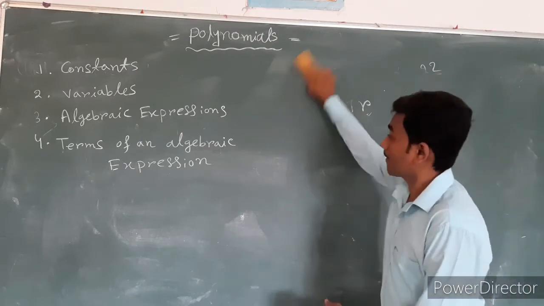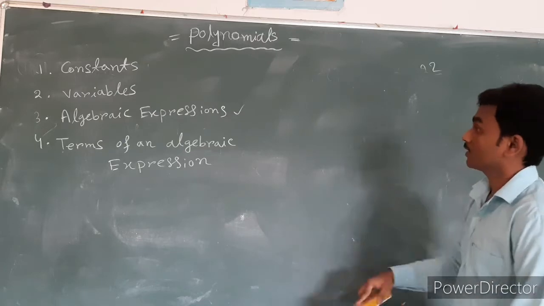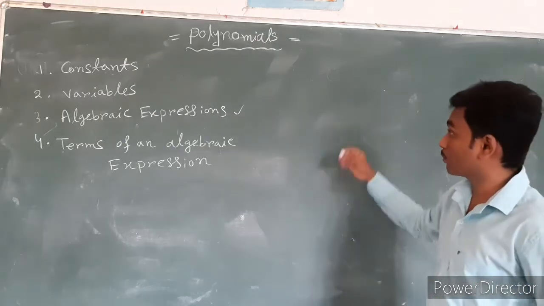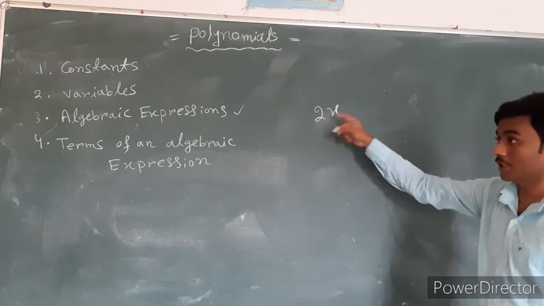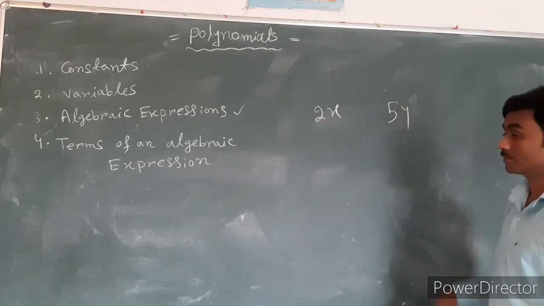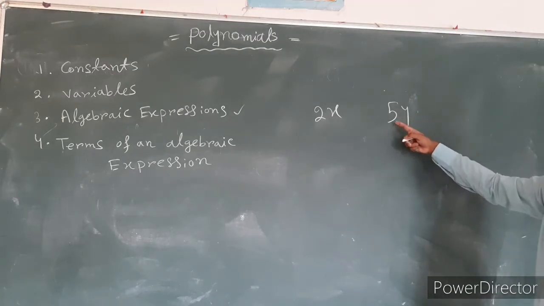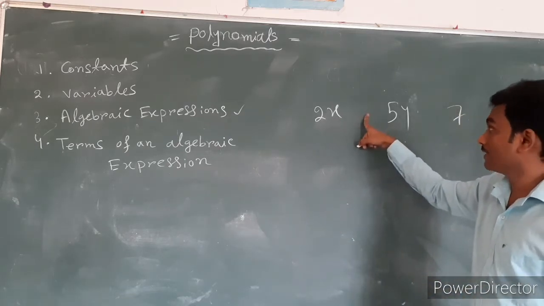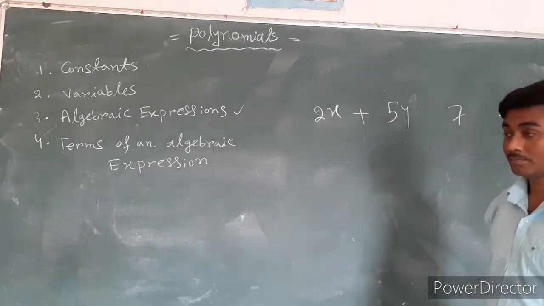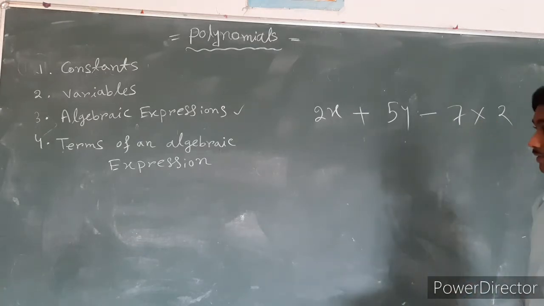Next, algebraic expression. This is a combination of constant and variable. This is also another combination of constant and variable, connected by plus, or minus, or multiplication, or divides.